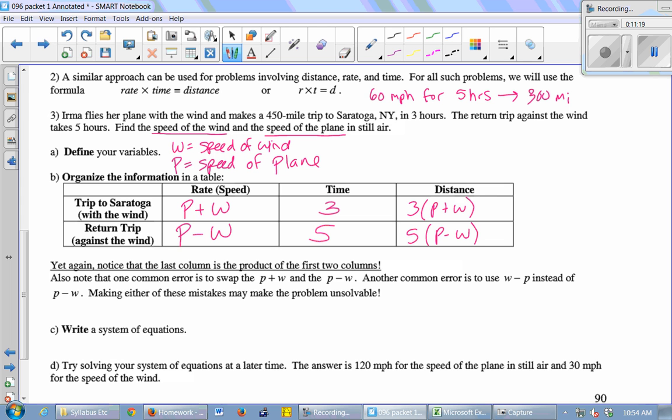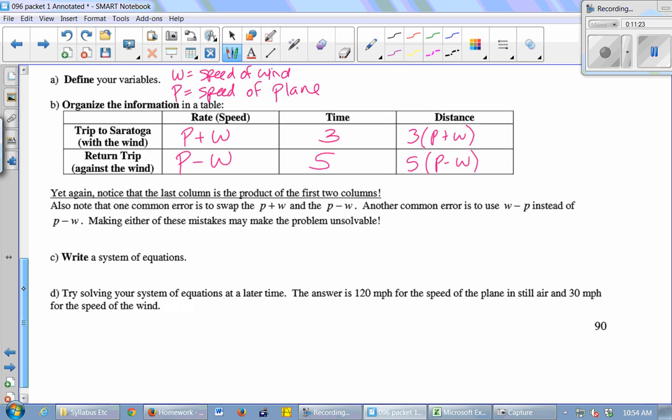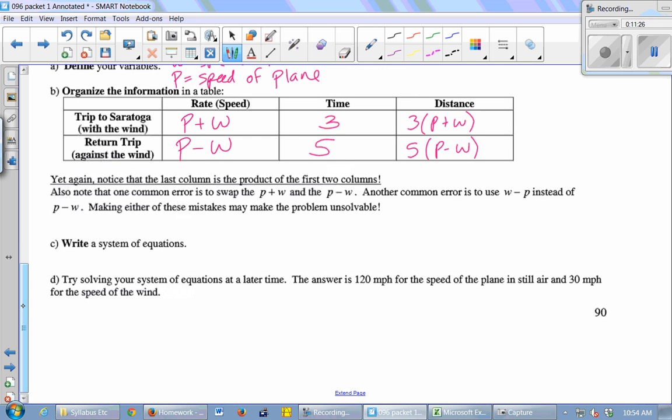So now I have to write a system of equations. What equals what? Yeah, because they actually told us the total distance, right, is 450 miles.